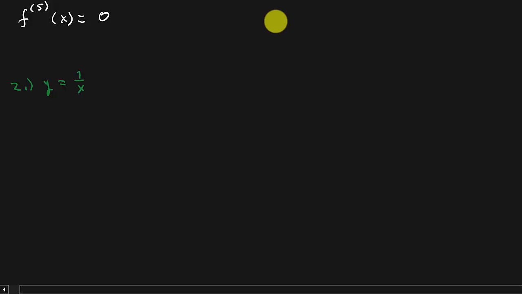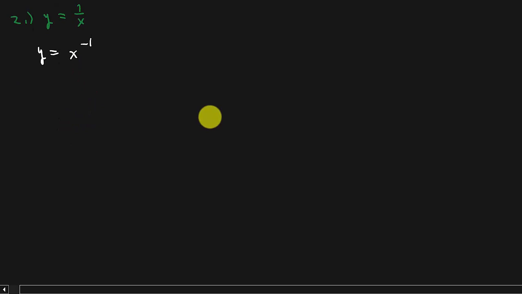Now this one, this is 1 over x. I would not do the quotient rule here. First thing I would do is rewrite this as y equals x to the negative 1, and then use the power rule. So I've got y prime is negative x to the negative 2, right?